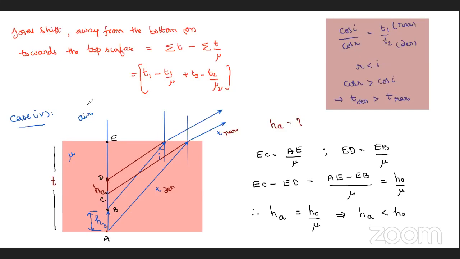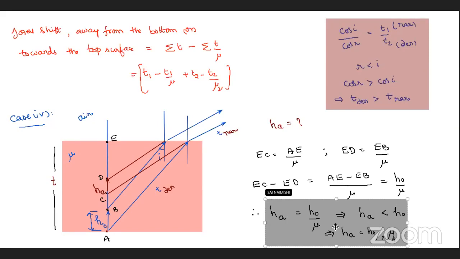If it is not given, you can write HA is equal to HO divided by mu of denser with respect to rarer. Have all of you understood this? Yes, sir, clear. Okay, right, good.